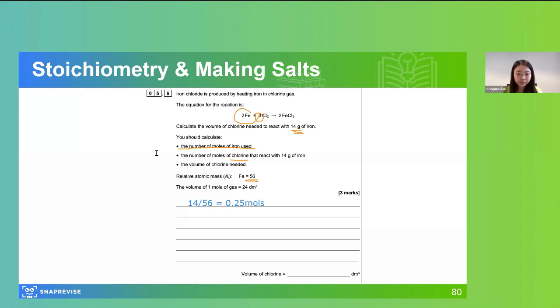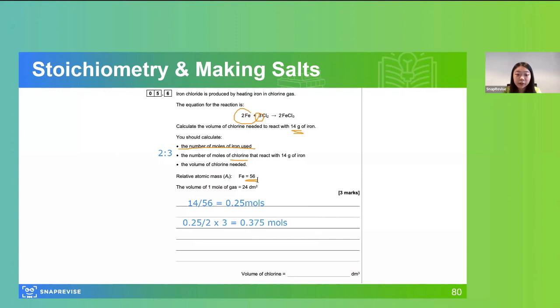So from that, I'm going to know that 0.25 divided by 2 times 3 is going to give you 0.375 moles. That will be the moles of chlorine.